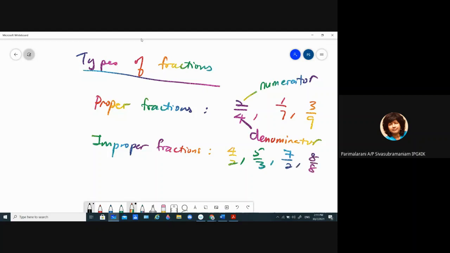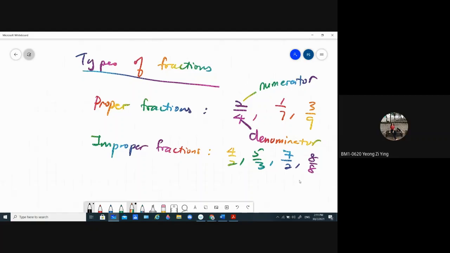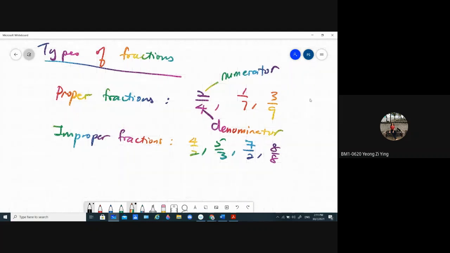Is this an improper fraction? No. Proper fractions are all less than 1, right? So 8 over 8 is an improper fraction. Yes, it is an improper fraction, because it's 1. Anything that equals 1 is an improper fraction.